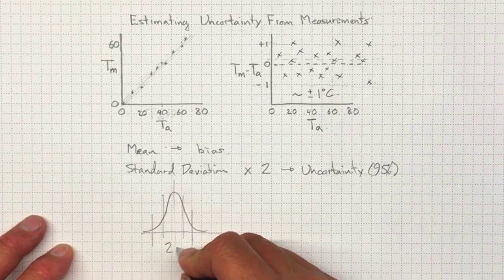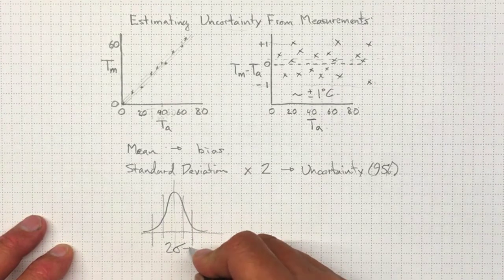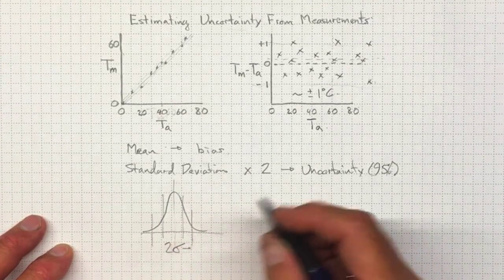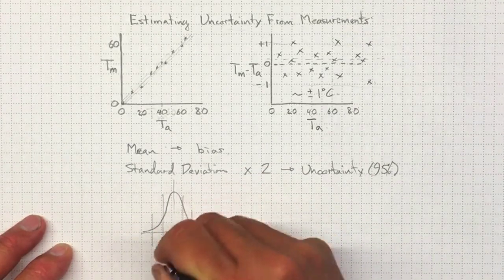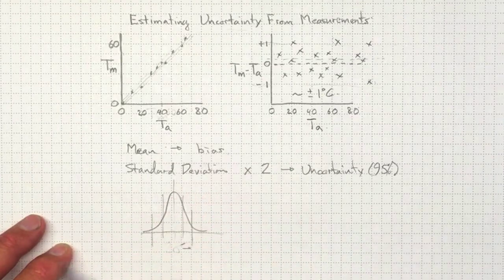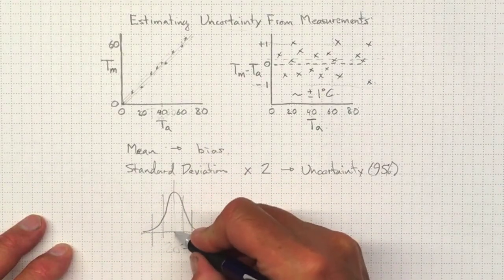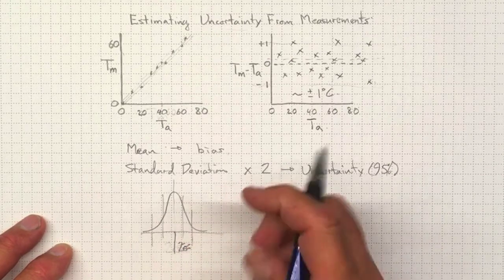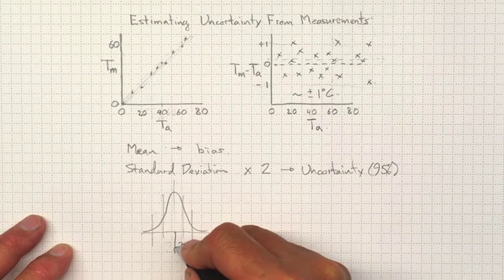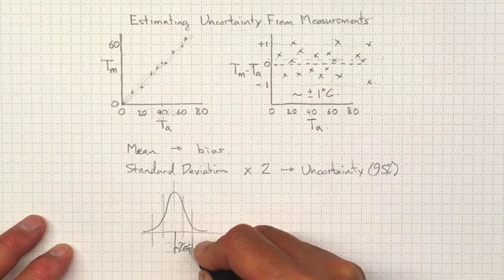So 2 times the standard deviation, whoops, not all the way across, that would be 4 times. 2 times the standard deviation out from the mean gives me my uncertainty.